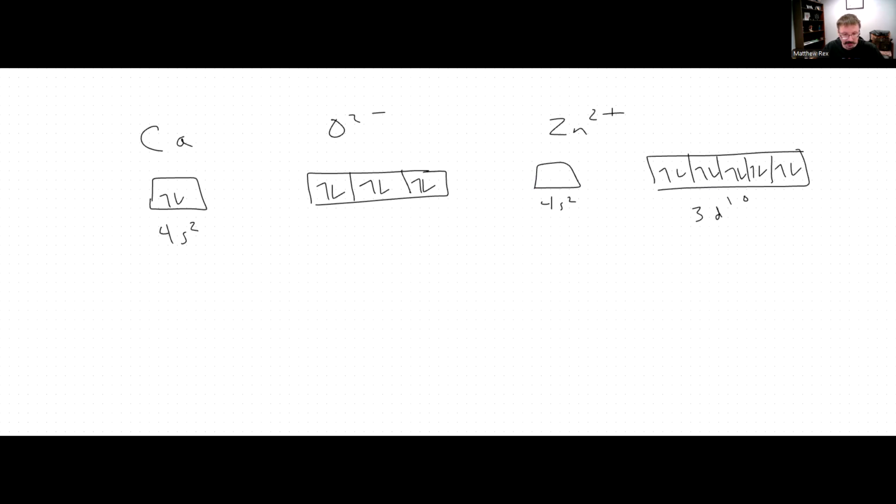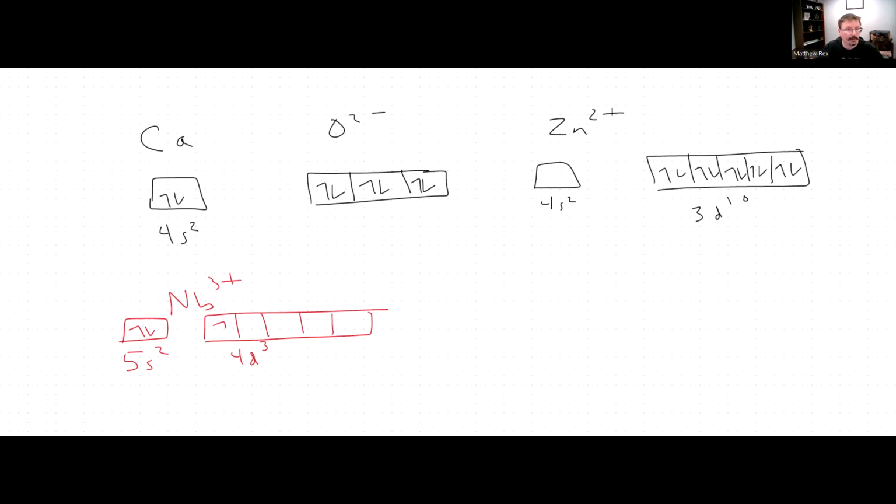And then our last one, Nb3 plus. There it is going to be 5s2, 4d3, one, two, three.